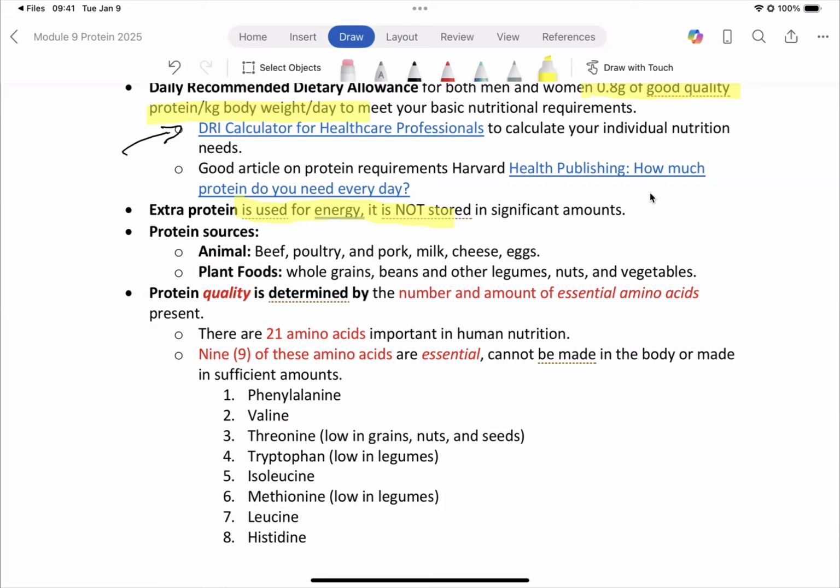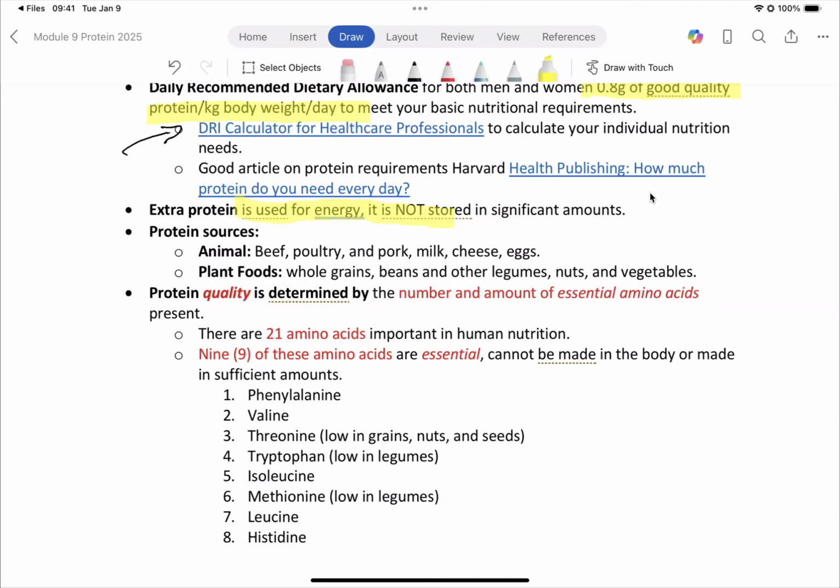So it's a little bit difficult for the body to metabolize. Extra protein, exceedingly beyond what we need on a daily basis, is going to be converted into calories and used for energy. Does that make sense? Questions about that?